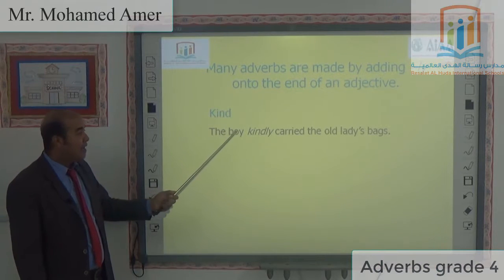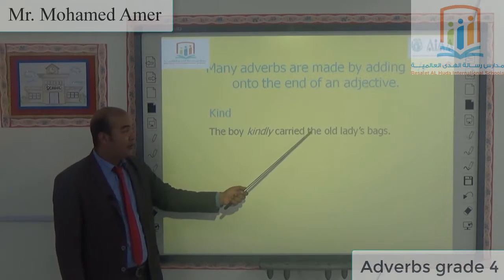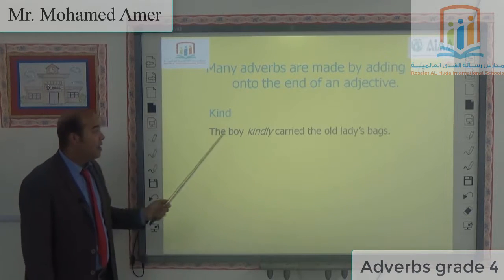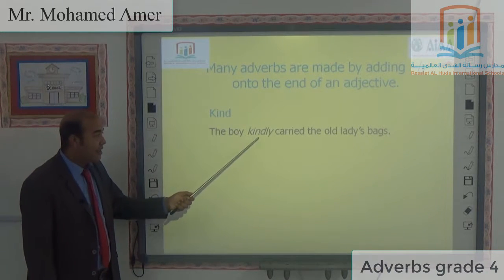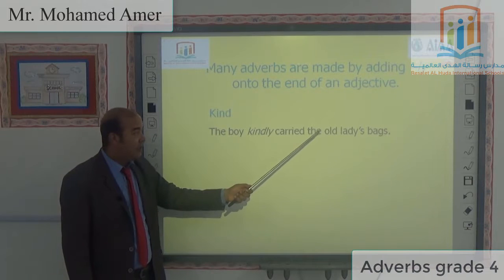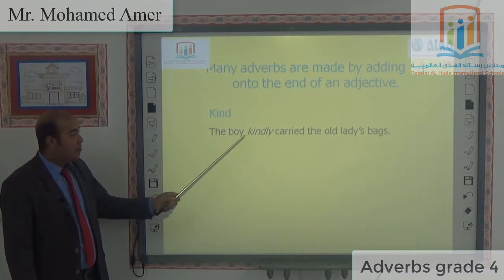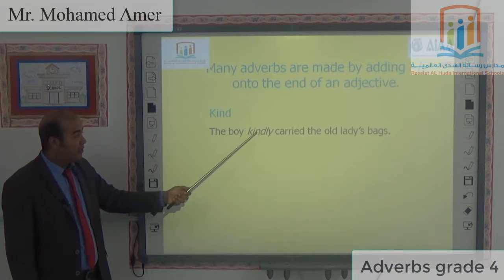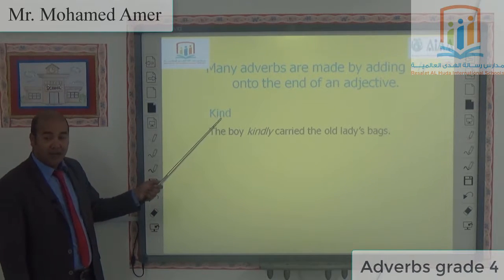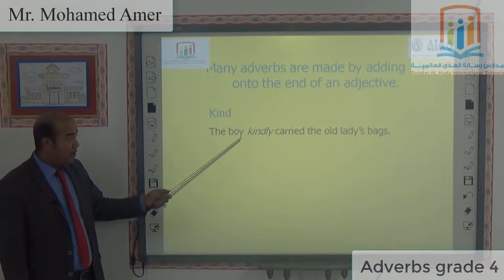The boy kindly carried the old lady's bags. Where is the adverb? Yes, kindly. We add ly to the end of the adjective kind to make it an adverb.